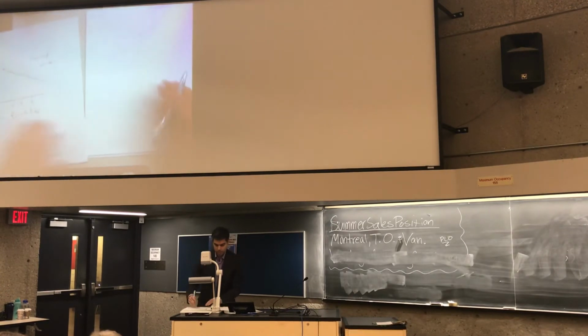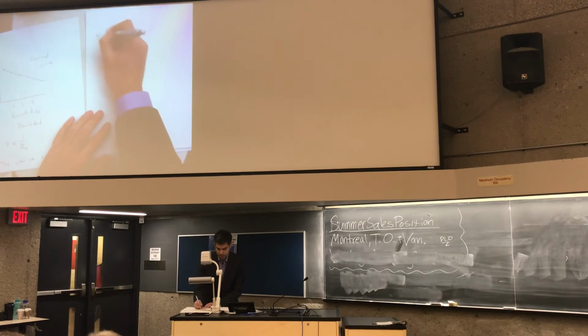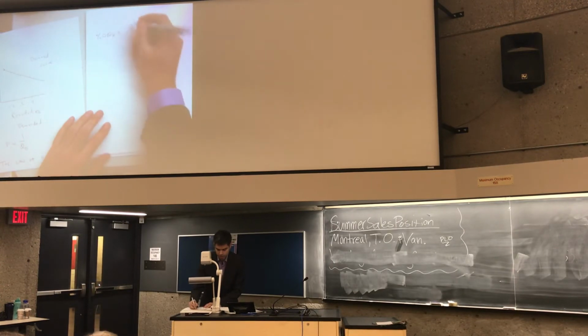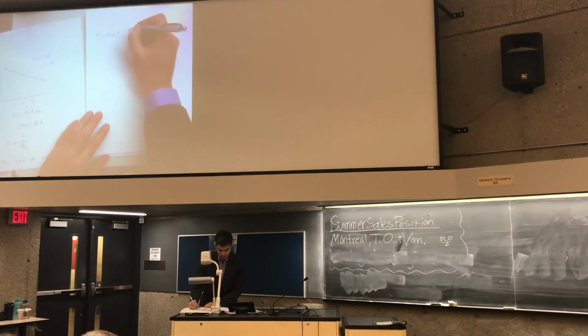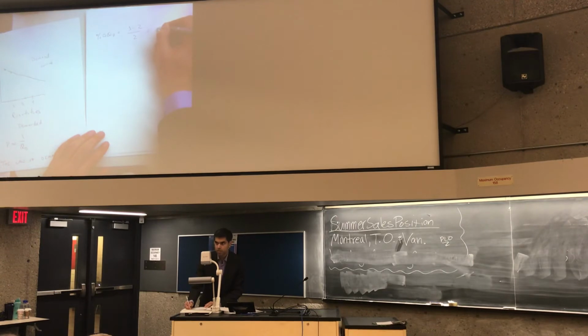Quantity will go from 2 to 3, so we're expanding. Our new is 3 minus 2 over 2, which is 1 over 2, 50%.